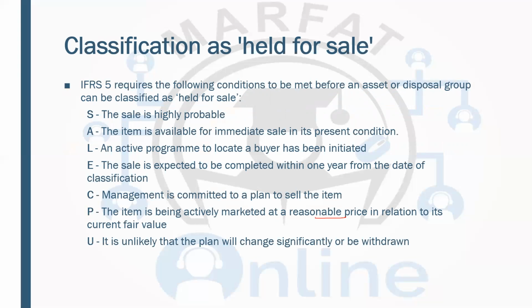Let's say there are some assets which the entity at the start of the year classifies as assets held for sale. When they are classified as held for sale, they will be moved to the current assets, and we know that the current assets show the liquidity of the entity.